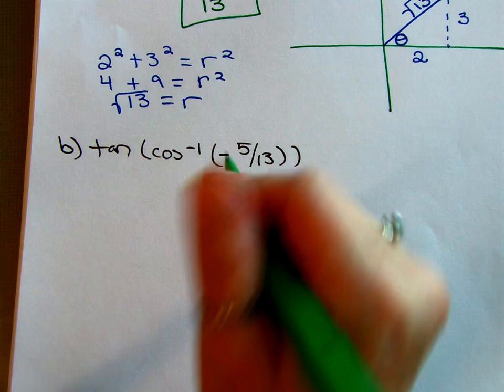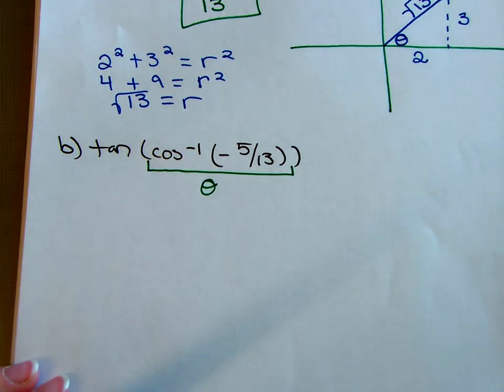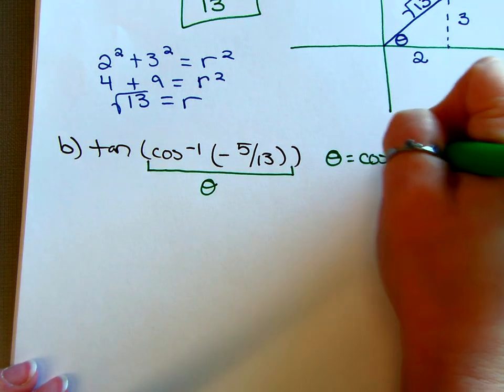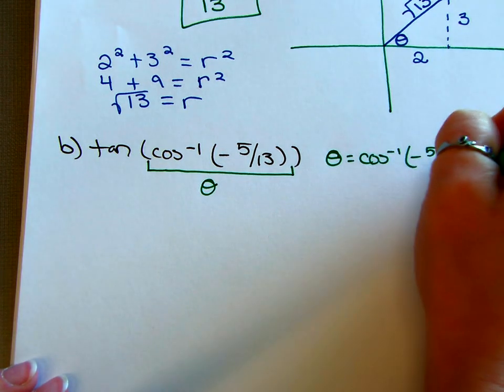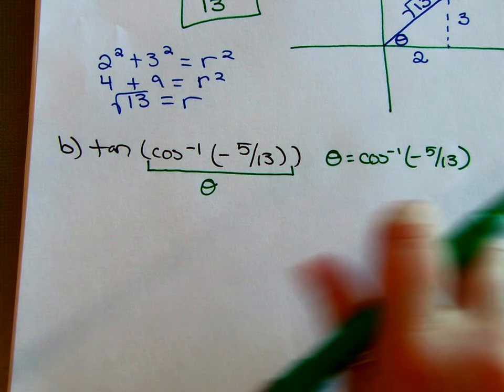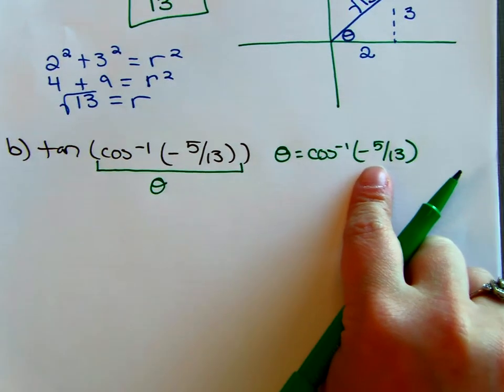So we're going to let all of this be theta. When we talk about cosine inverse, we're talking about quadrants 1 and 2, but we're taking cosine inverse of a negative. So we're going to specifically be talking about quadrant 2 this time.